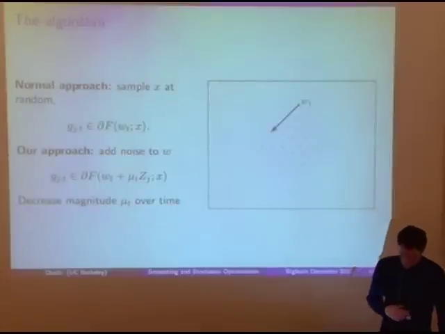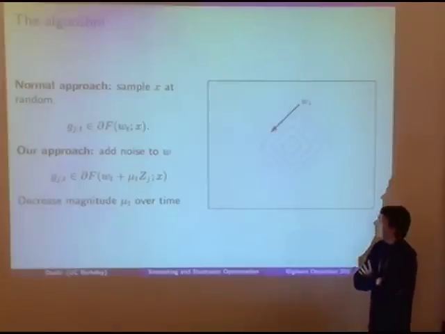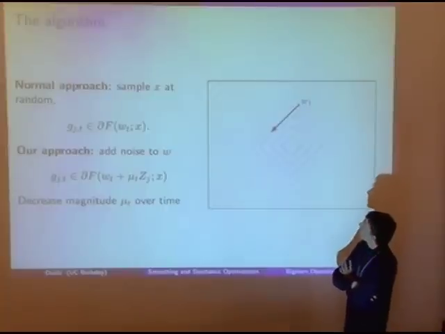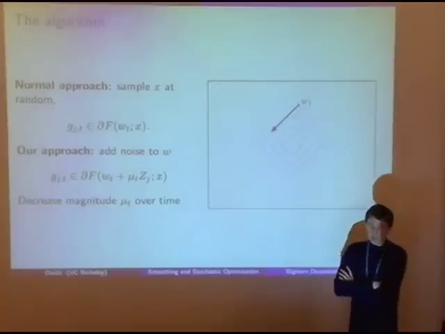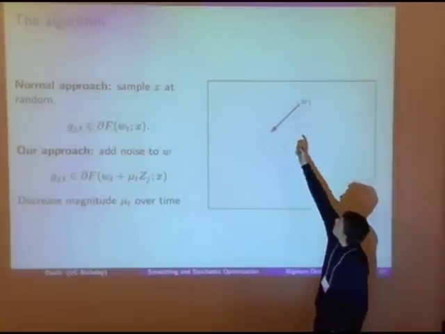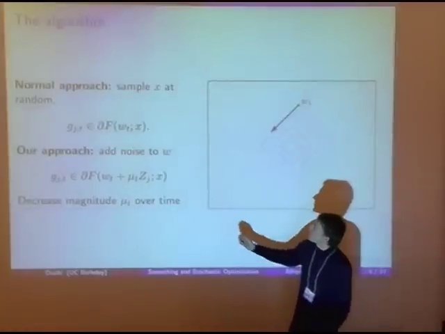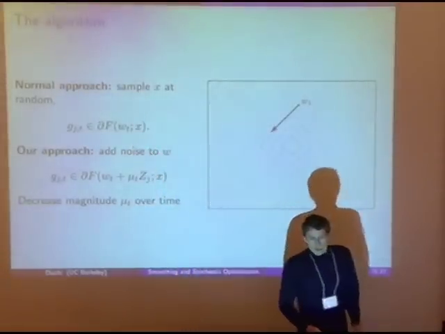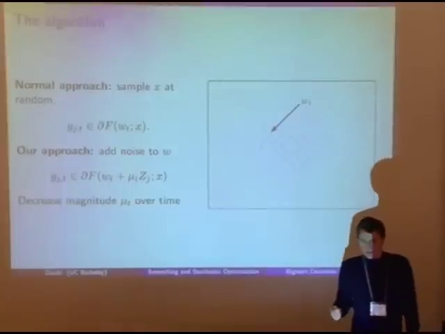So what's the algorithm? I'm going to try to tie this back into normal stochastic subgradient descent. Normally we have our weight vector W, and we sample some x from our distribution over x's at random, take the gradient, and go in that gradient direction.